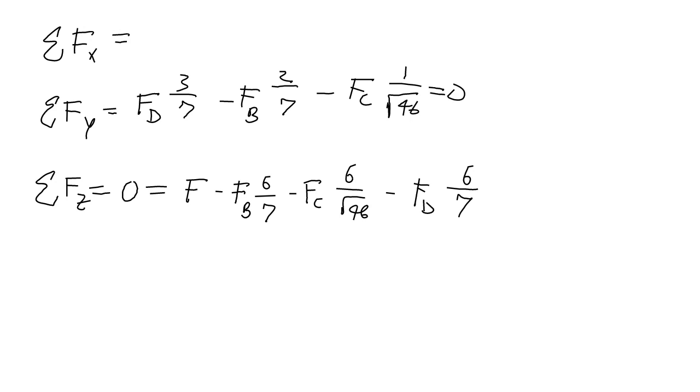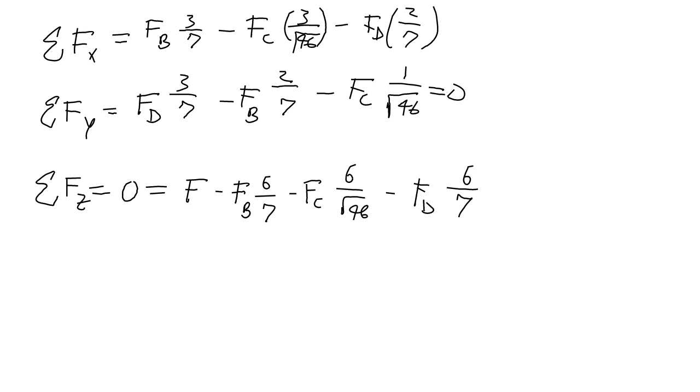For the x direction, force B 3/7 minus force C over 46 minus force D 2/7 equals 0. So you see now we've got these three equations, three unknowns.